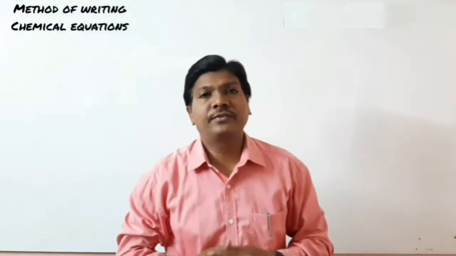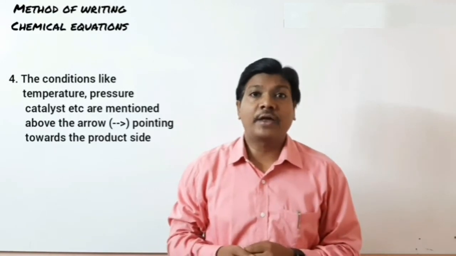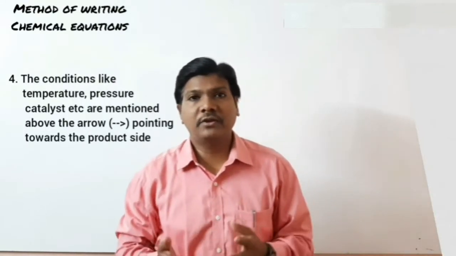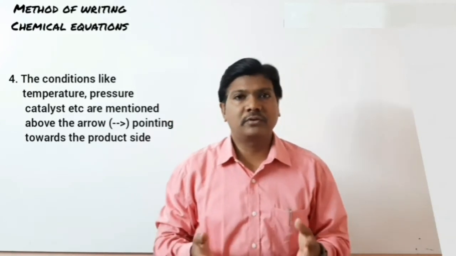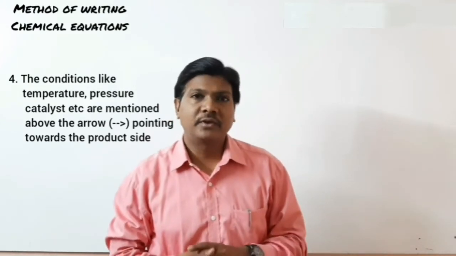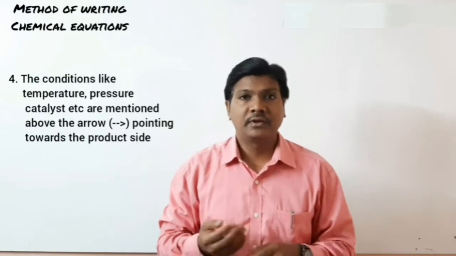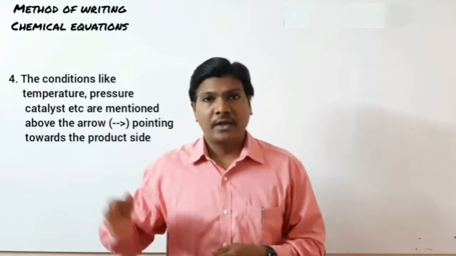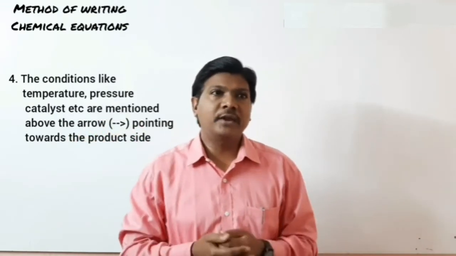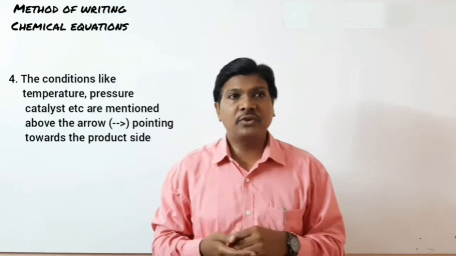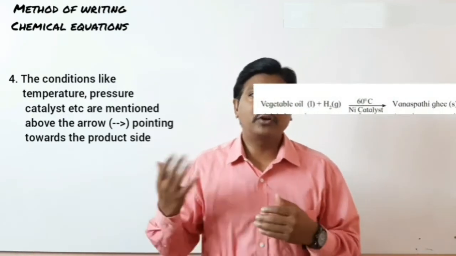The conditions like temperature, pressure or catalyst. You know catalyst, that is a substance which does not take part in the chemical reaction, but the rate of the chemical reaction changes. So if temperature, pressure or catalyst etc. are there, they are mentioned above the arrow pointing towards the product side.